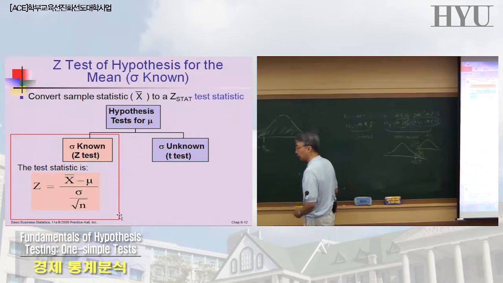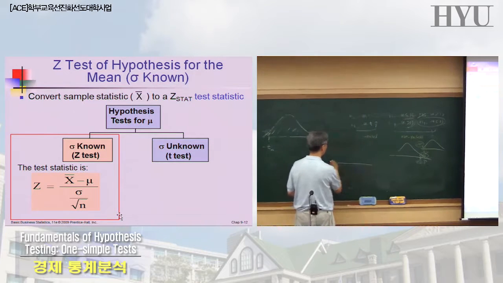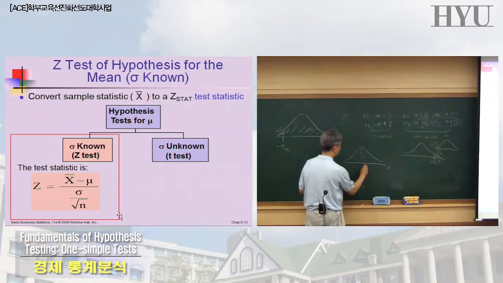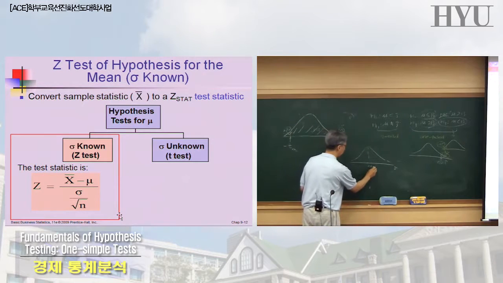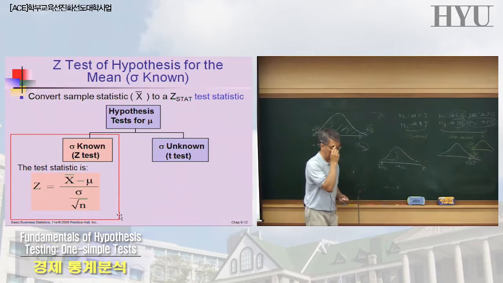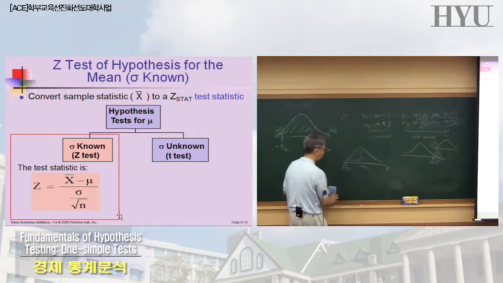In today's class I used this example: say somebody claims mu is 50 and our sample mean came out to be 20. I told you that because that distance is significant, we could probably reject the null hypothesis. In reality, we have to do one more step.